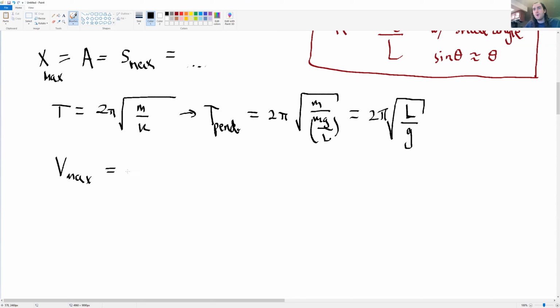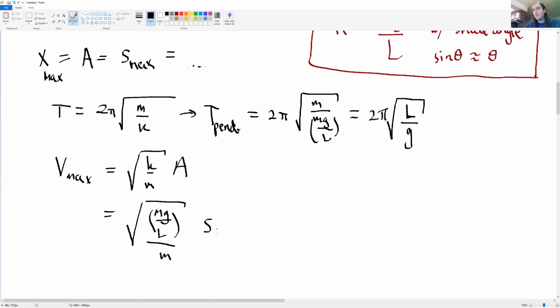We had Vmax was square root of k over m times the amplitude. So how would we translate this? Well, k over m, so mg over L over m. So the m's are going to cancel. And the amplitude is what we called S max, right?